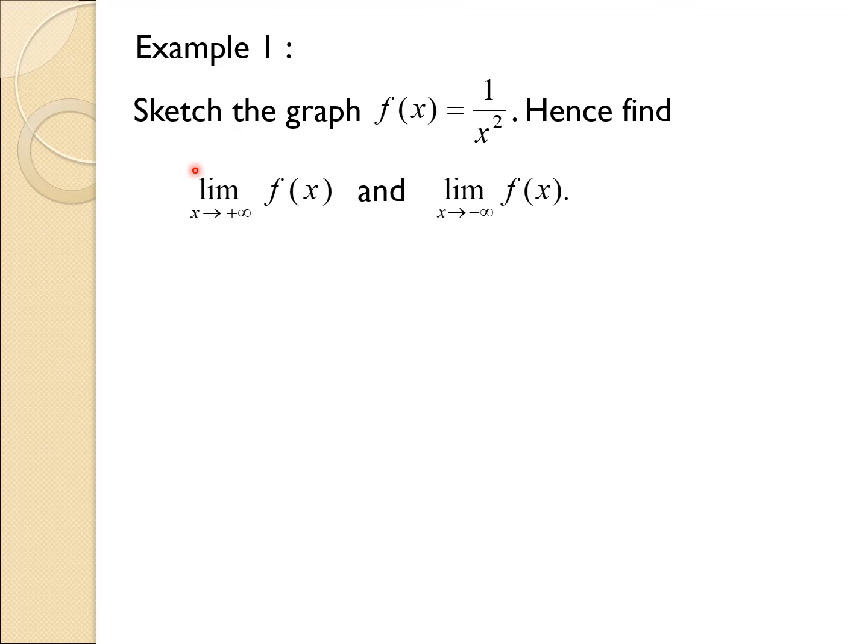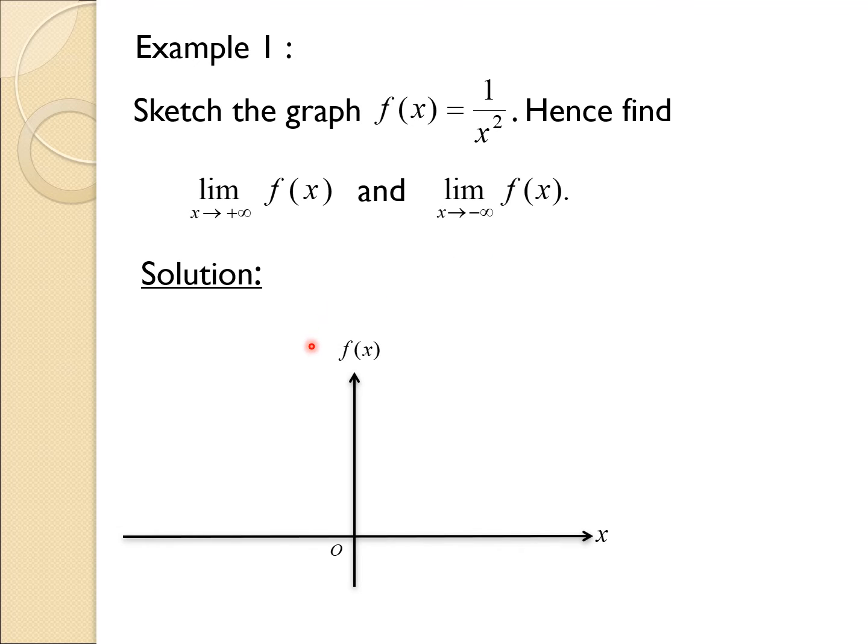Example 1. Sketch the graph f(x) equals 1 over x squared. Hence, find the limit as x approaches positive infinity of f(x) and the limit as x approaches negative infinity of f(x). So this is the graph for f(x) equals 1 over x squared.